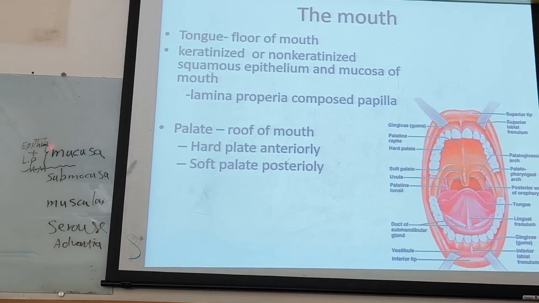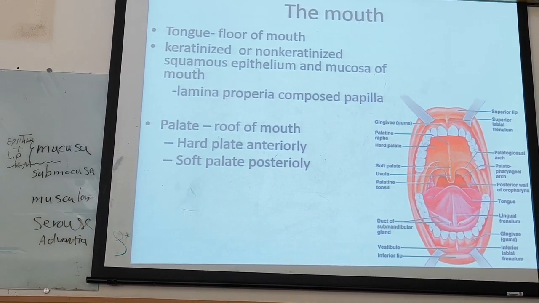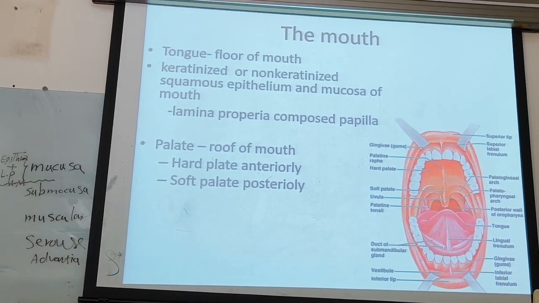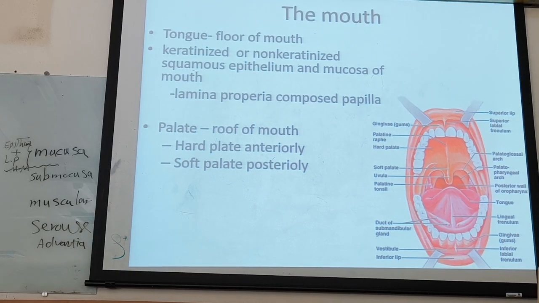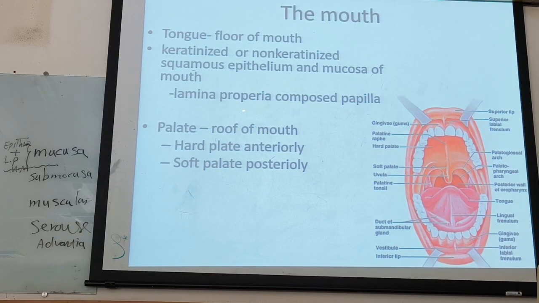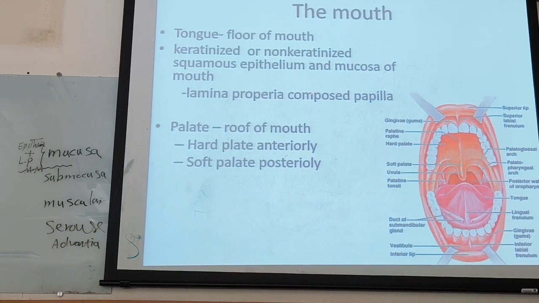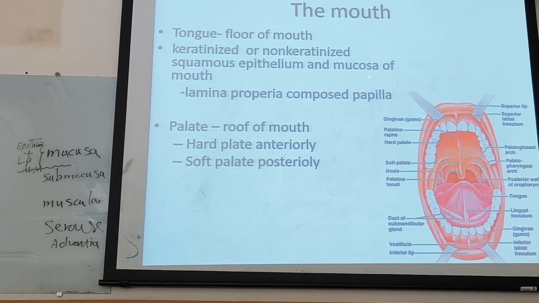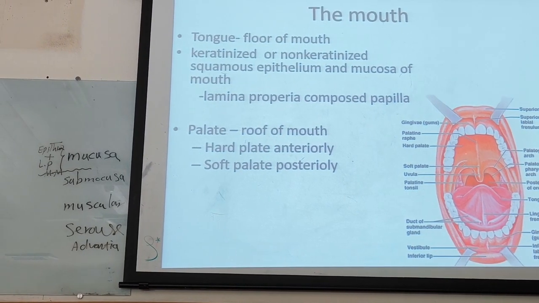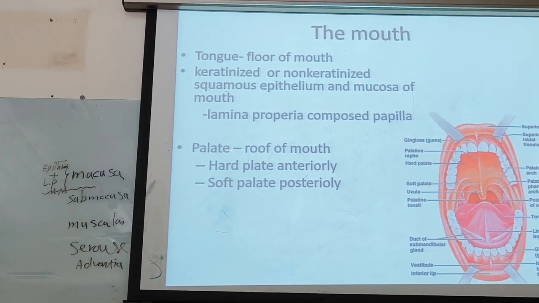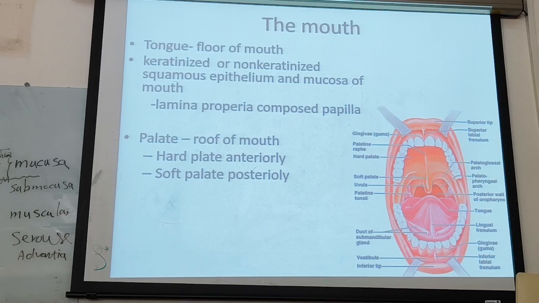The mucosal layer of the oral cavity is the non-keratinized squamous stratified epithelium, and under it there is a lamina propria, which composes the papillae. And the roof of the mouth includes the palate as the hard and soft palate.